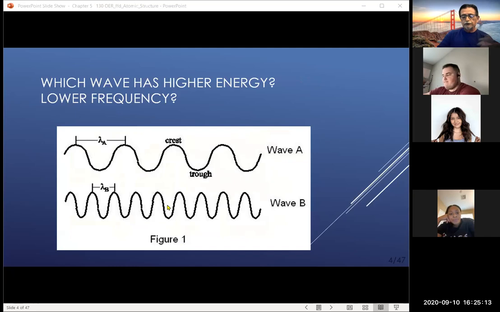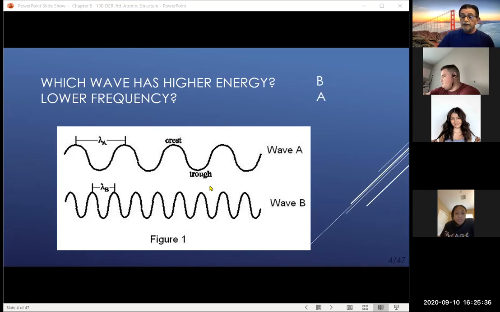Now, if you're ever given a diagram and you're told, I've got two waves, A and B, the question may be asked, well, which wave has a higher energy, okay? And then which one has a lower frequency? We're looking at these two separate wavelengths. We see the top one has a longer wavelength than the bottom one.